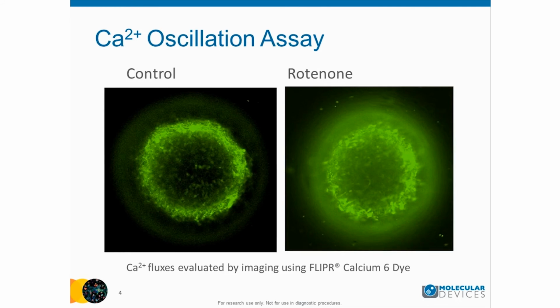We used fast kinetic fluorescence imaging on the FLIPR imaging system to measure patterns and frequencies of calcium oscillation. Spontaneous oscillation of neurospheroids was monitored by changes in intracellular calcium levels with calcium-sensitive dyes. Here you can see control spheroid calcium oscillation.